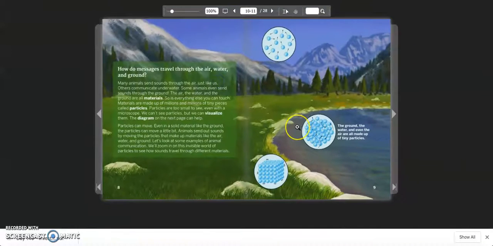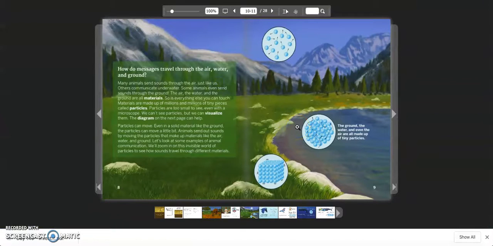And so I want us to think about what those blue dots represent, right? When I think about the particles, and I think about this diagram, I'm actually thinking about this being an example of how particles look. And because they're so tiny, we actually don't get to see them. But here, we know that this represents the air. We know that this represents water, and we know that this represents the ground.